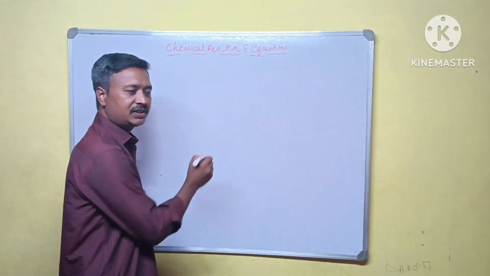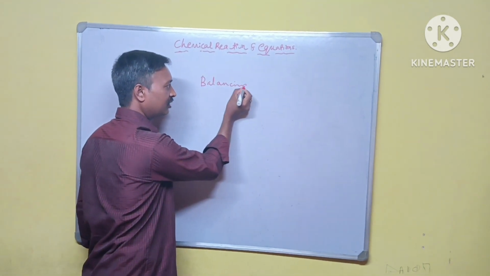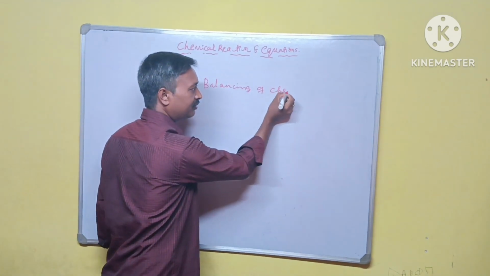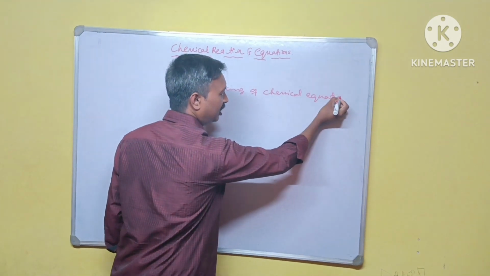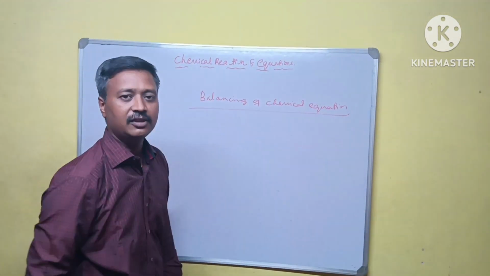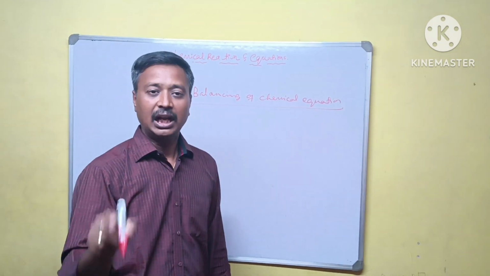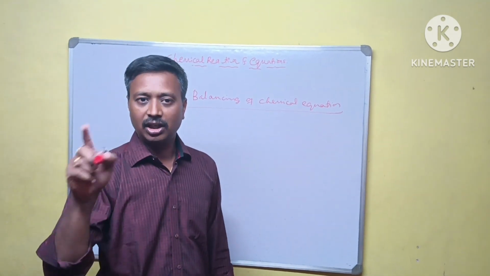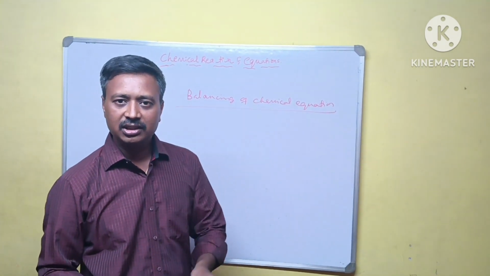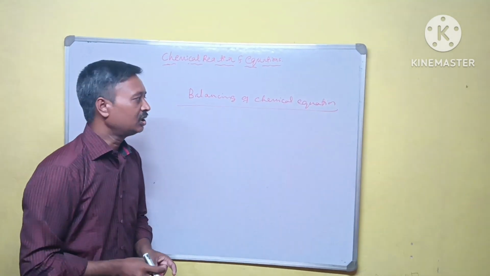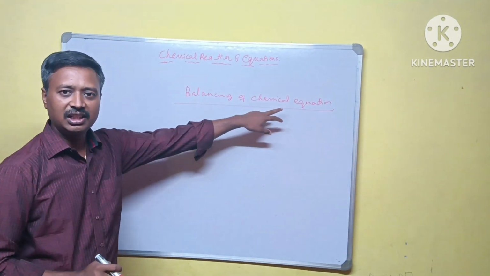Next topic is balancing of chemical equations. I already told you that matter can neither be created nor destroyed. Atoms can neither be created nor destroyed, but can be converted from one form to another. On that law, we should balance the chemical equation.